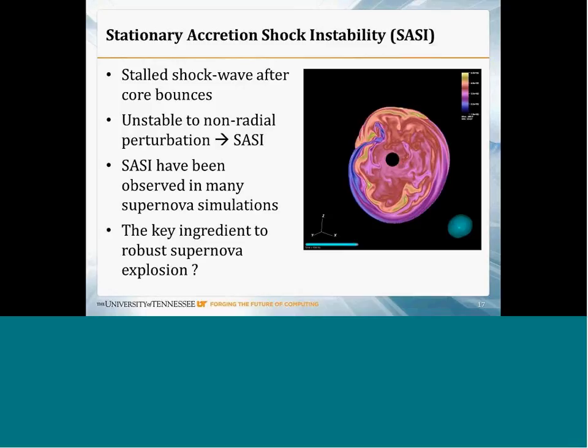It turns out that the stalled shock wave is unstable against non-radial perturbation, and this has been named SASI, Stationary Accretion Shock Instability. In fact, SASI has been observed in supernova simulation, but the first discovery of SASI was in computer simulation itself. So this may be the key ingredient to a robust supernova simulation. Again, this is an example where computer simulation informs the theory of the core collapse supernova.